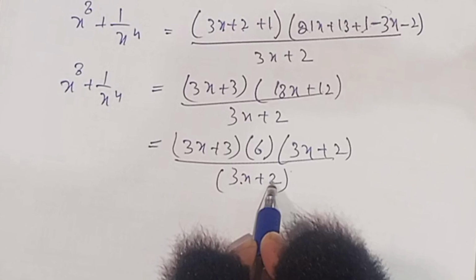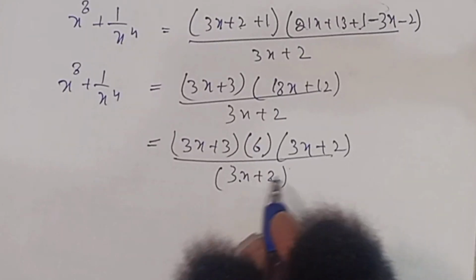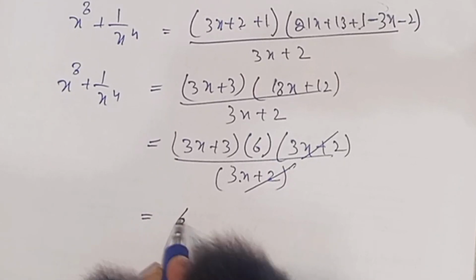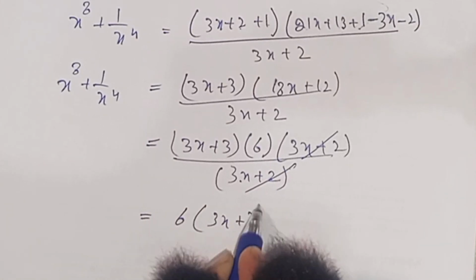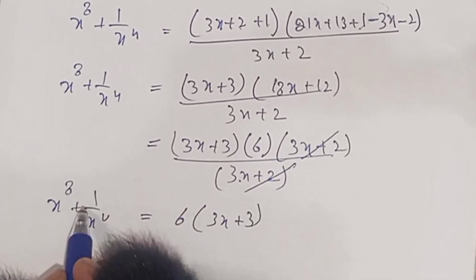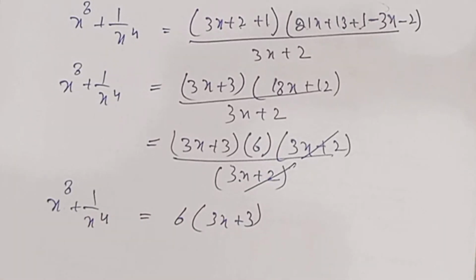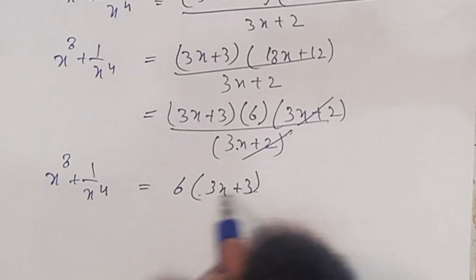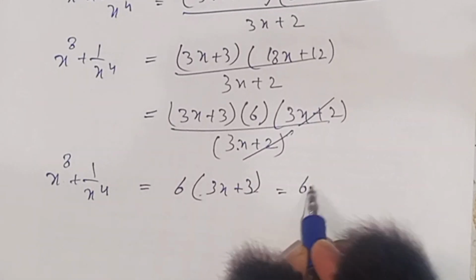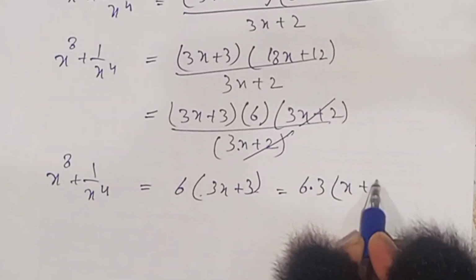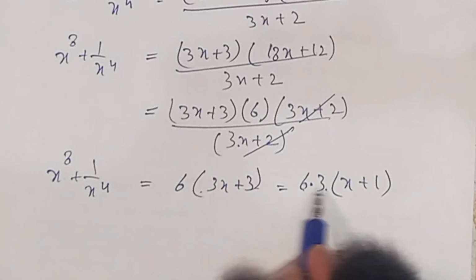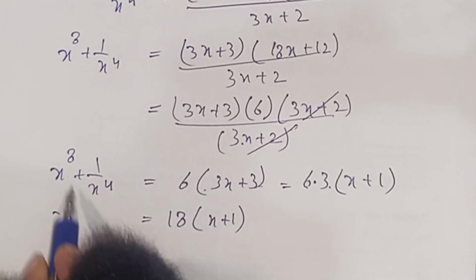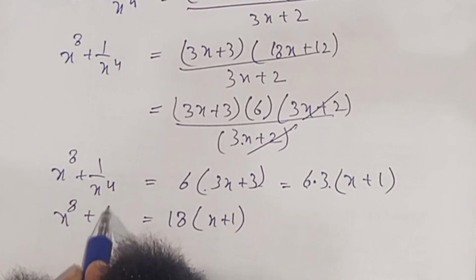So 3x + 2 and 3x + 2 will cancel, and the remaining value is 6 times (3x + 3). Now 3 is involved in these two terms, so we factor out 3. The remaining value is x + 1, and 6 multiplied by 3 is 18. x + 1. Left hand side is (x^8 + 1) over x^4.